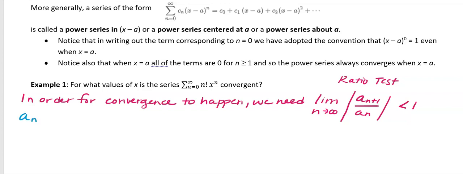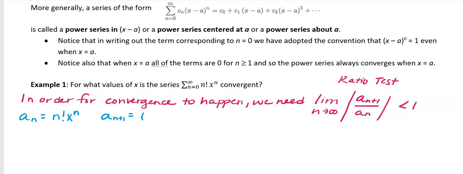So first, let's figure out what our a sub n and a sub n plus 1 expressions will be. We have a sub n, which is what we're starting with, which is n factorial. This is just the plain sequence here. And then for a sub n plus 1, anywhere you see an n, you're going to replace it with the expression n plus 1.